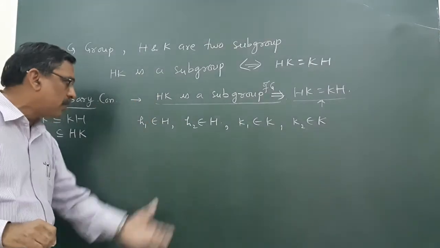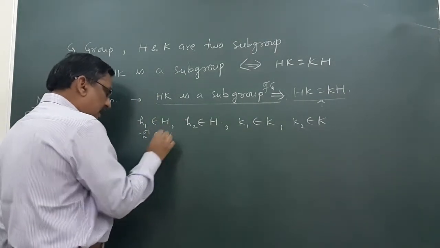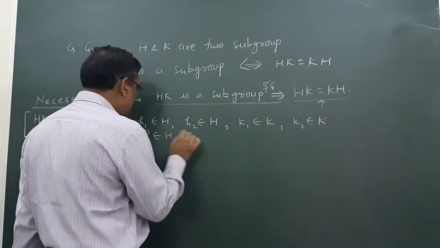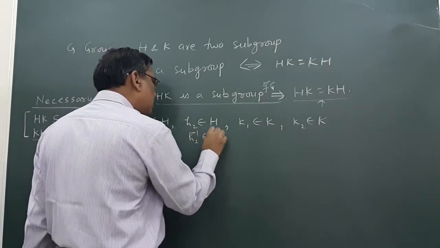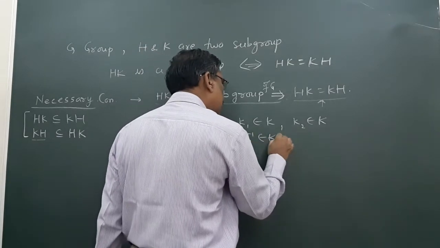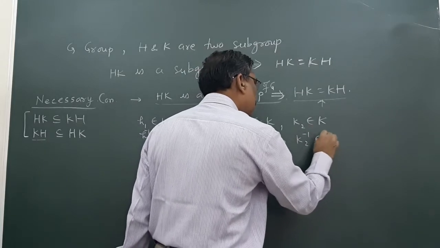H and K are subgroups. Therefore, inverses also belong, since H is a subgroup and K is a subgroup, so H1 inverse belongs to H, H2 inverse belongs to H, K1 inverse belongs to K, and K2 inverse belongs to K.